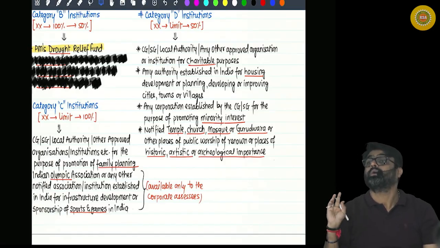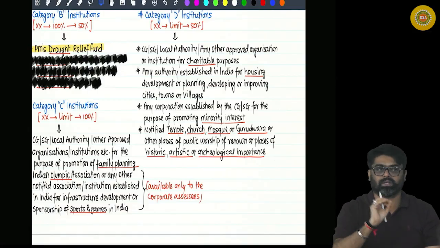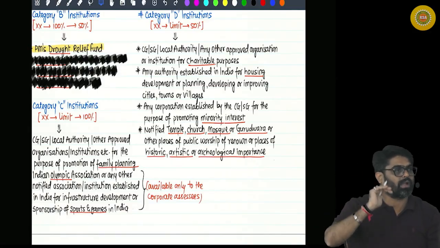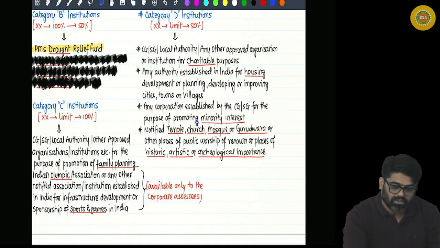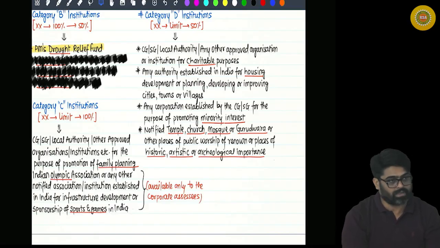If you donate to any of them, it is category D. Then there are certain corporations for promoting minority interest in India.